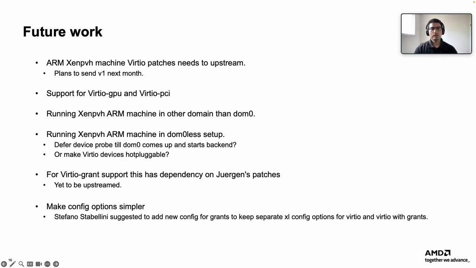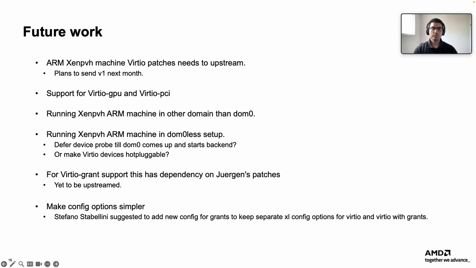Or another alternative would be to make the VirtIO devices hot pluggable, but not sure if this is supported on ARM and QEMU on ARM, and how much work will be involved in this. This is something we're going to look into in the next few months.